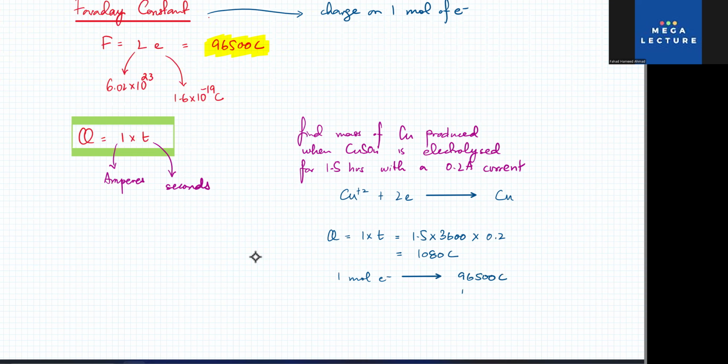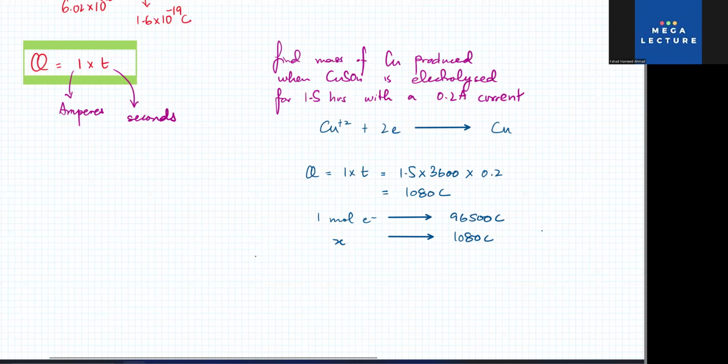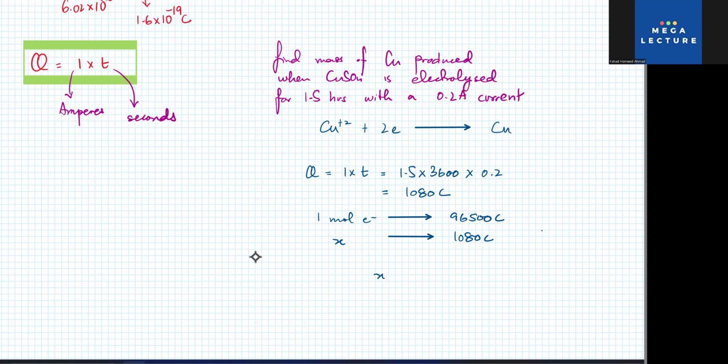So if there's 1080 coulombs of charge, how many moles of electrons do you have? You're going to cross multiply, and X will come out to be 1080 divided by 96,500. So how many moles of electrons do you have?